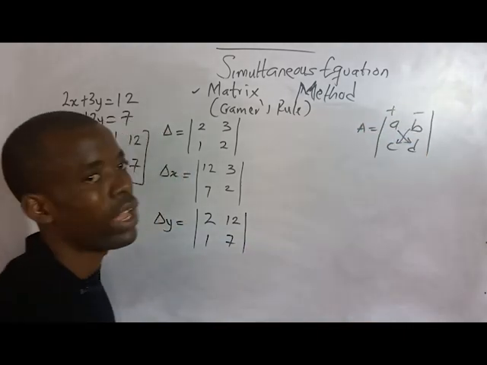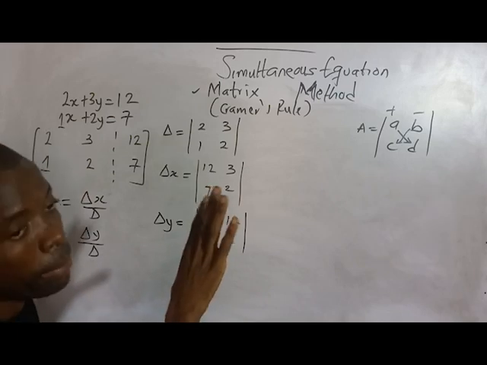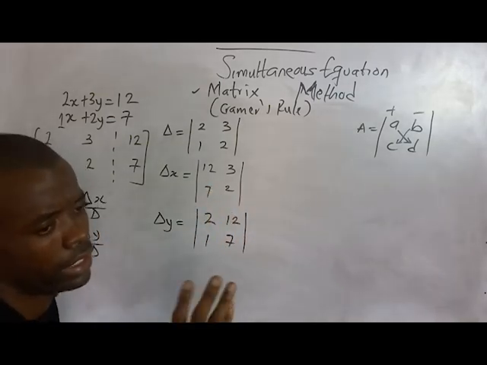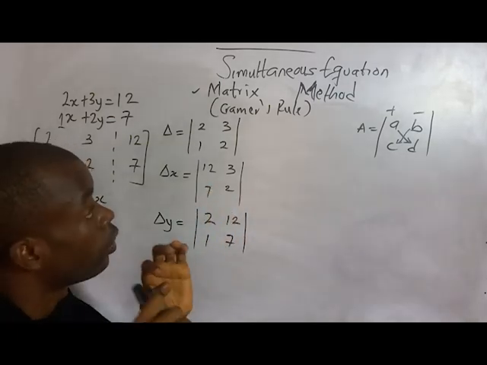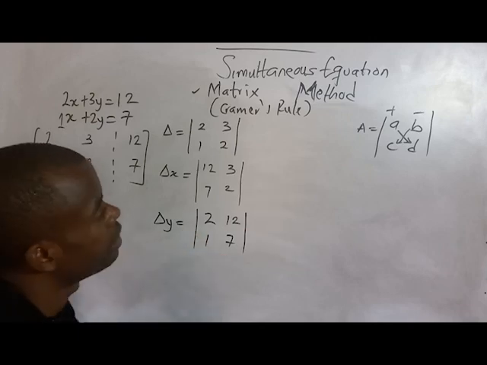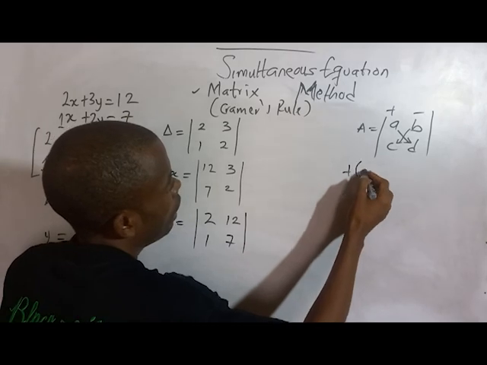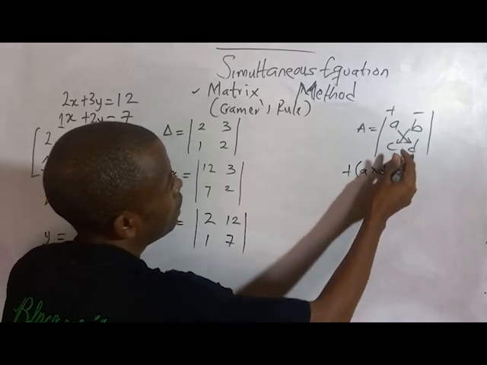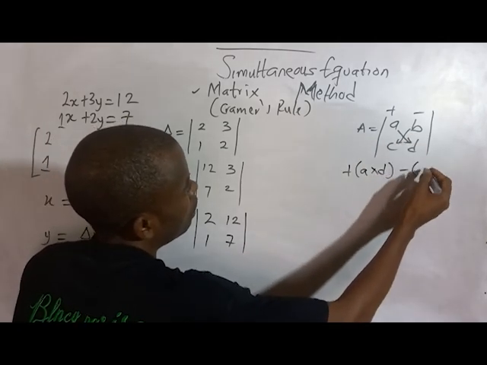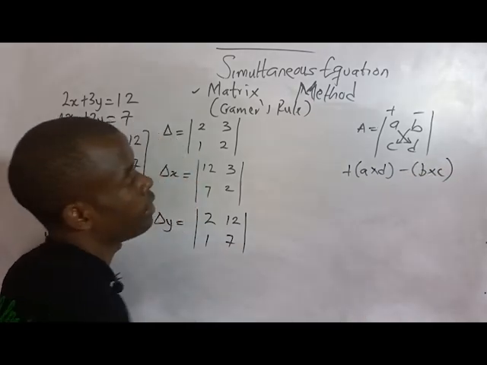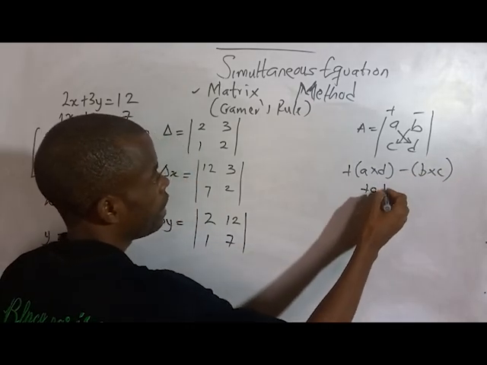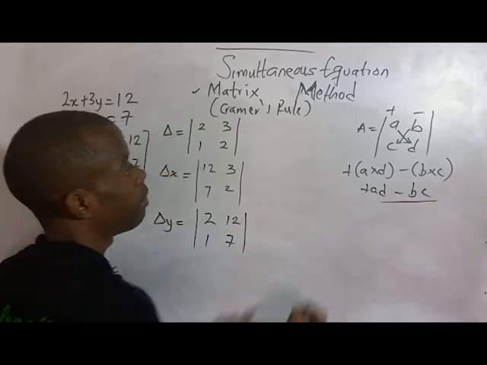This is just the simplest way I can explain it on this particular episode, but you get the full explanation in the video on matrices. So what does this mean? We have plus, so you take plus a multiplied by d, then minus b multiplied by c. So we have plus ad minus bc. That will be your answer.